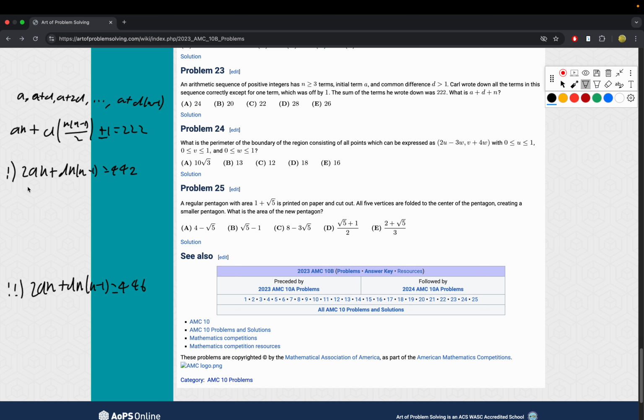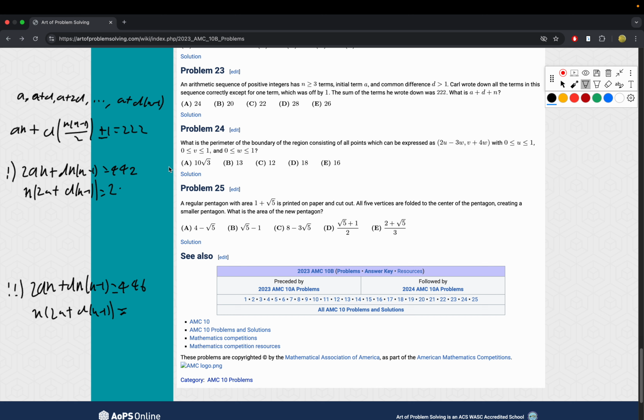Now let's factorize this. Then we have n times 2a plus d times n minus 1 equals 442. Actually, let's write it like this, and then stop here, and then 2 times 221. What is 221?